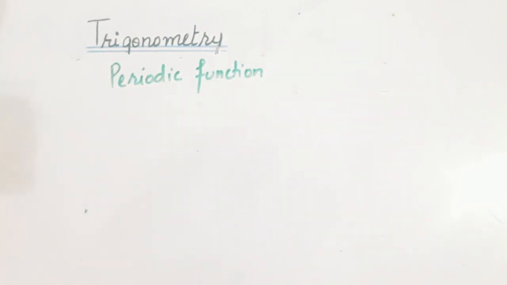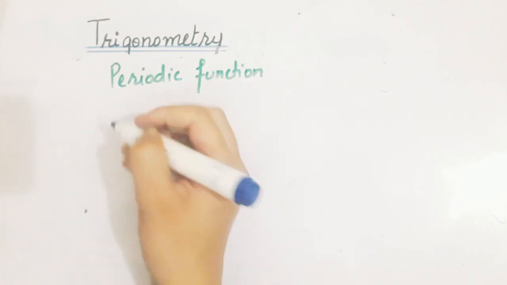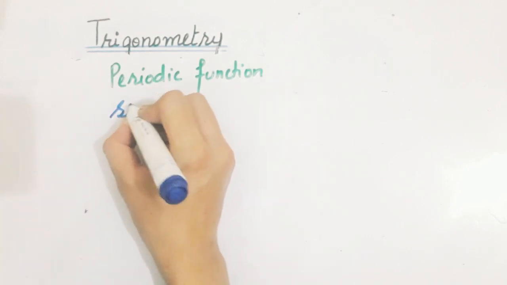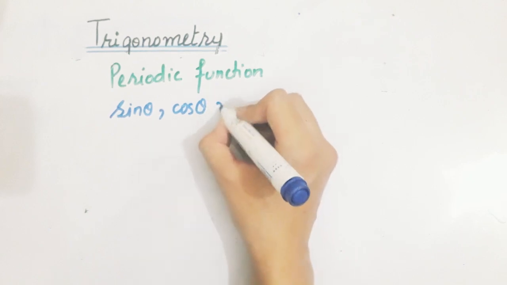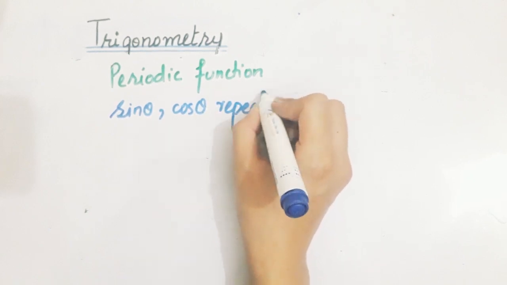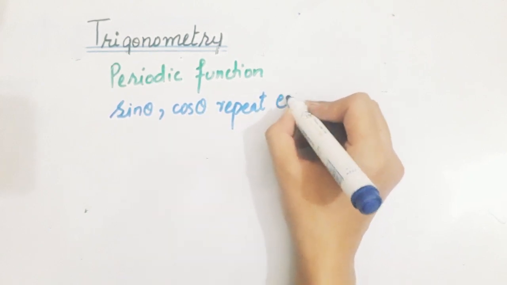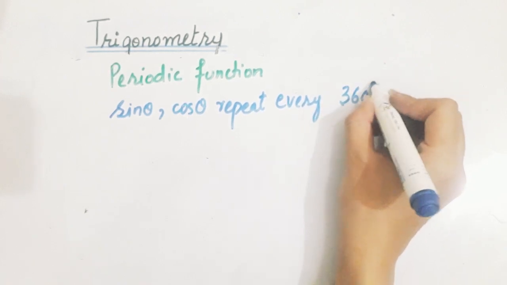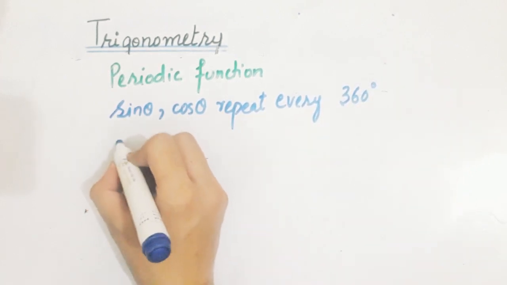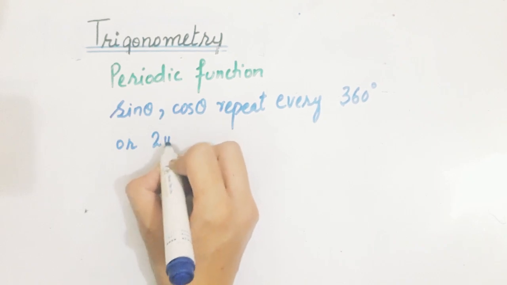So we will say that sine theta and cos theta repeat every 360 degree, or in form of radian we will say 2 pi.